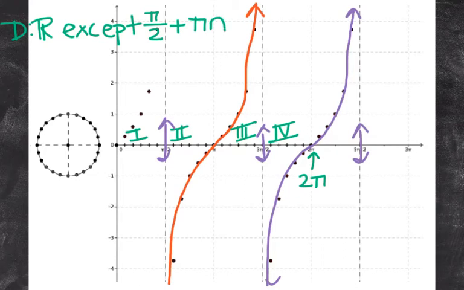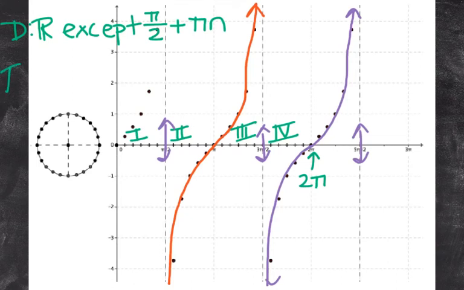So n is our variable that usually stands in for an integer. So if n is 0, I have all real numbers except pi over 2. And then when n is 1, I have pi over 2 plus pi, which is 3 pi over 2. And when n is 2, I have pi over 2 plus 2 pi, which is 5 pi over 2. So this is our notation for stating all multiples of pi plus pi over 2, so that we can, in written form, without listing an infinite number of things, say all of the x values that aren't in our domain.